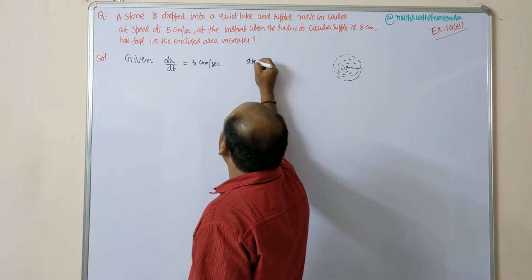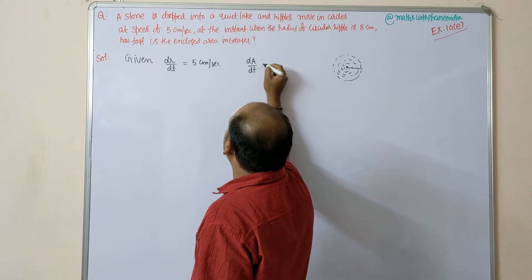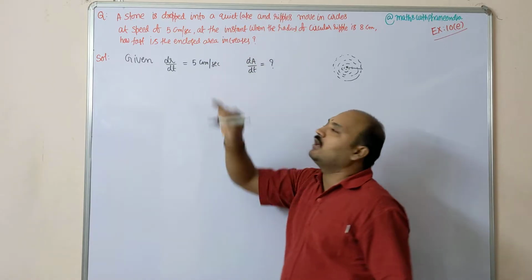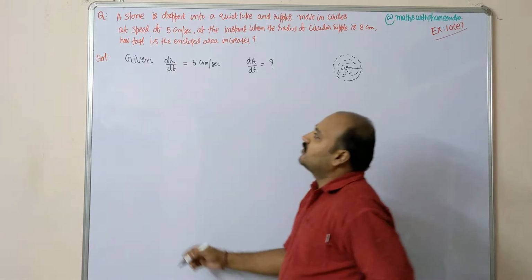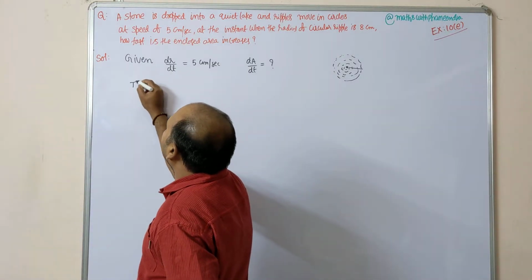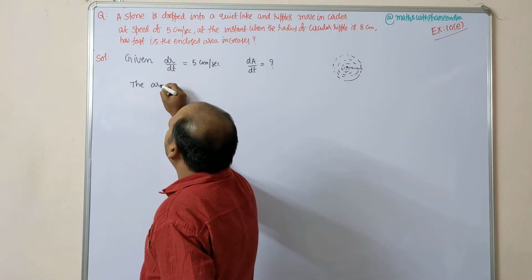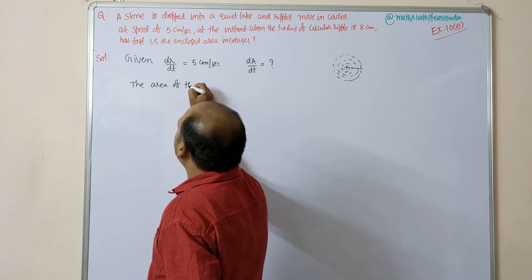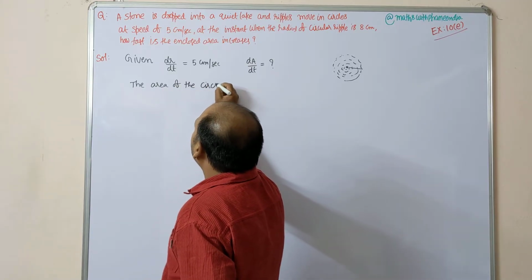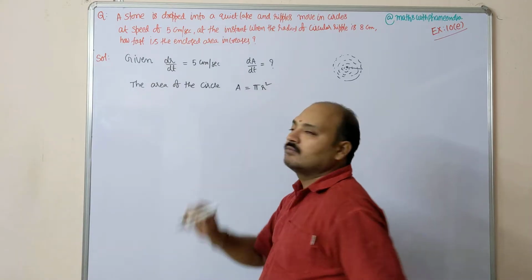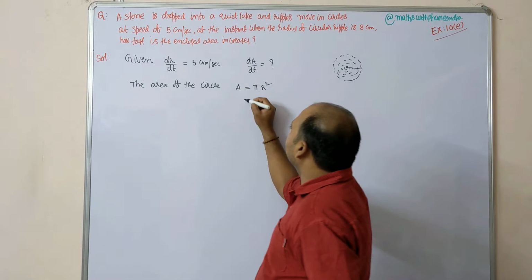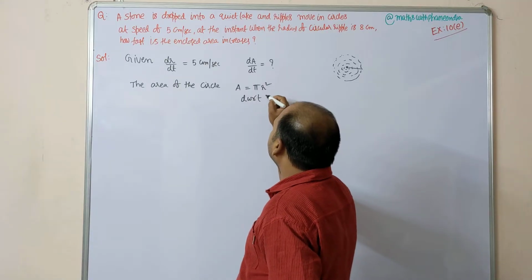The question is the rate of increase of the enclosed area. So they are asking about the area of the circle. The area of the circle, A is equal to pi r square. So differentiate with respect to t.